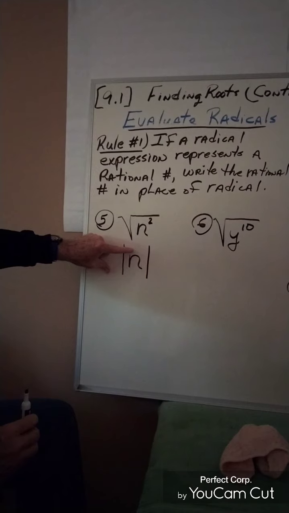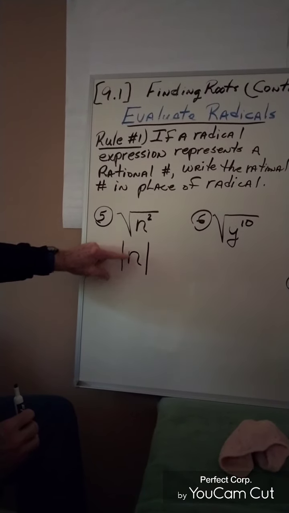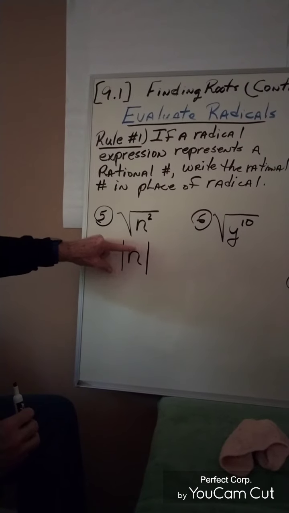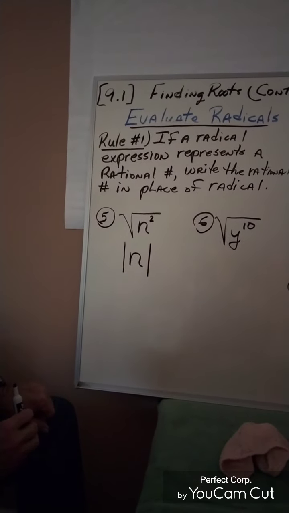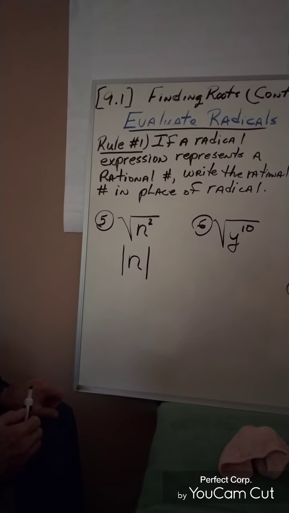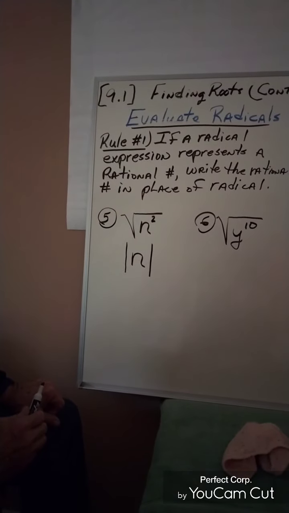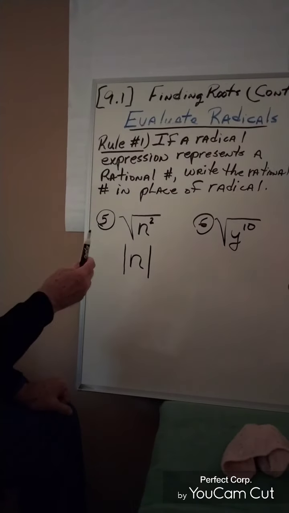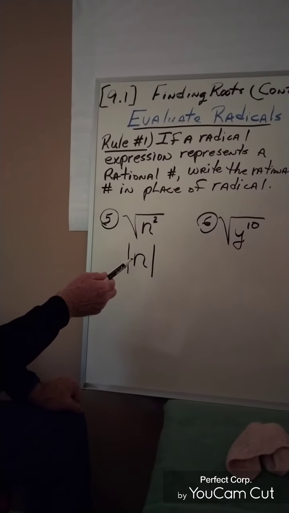So even though the value of n might end up being a negative number, if it's placed in between the absolute value symbol, then our final answer will be positive. And both of those considerations that we were talking about would be satisfied by that. Now, I'm going to give you a heads up on this as we move forward with this.